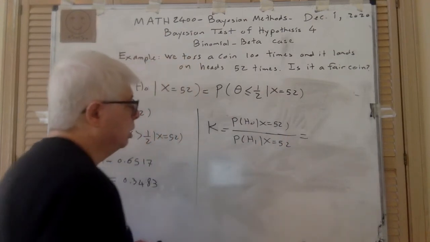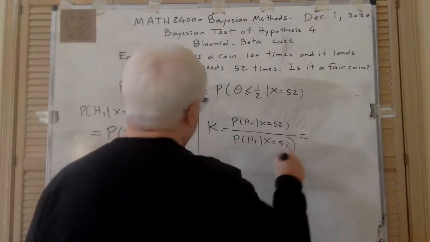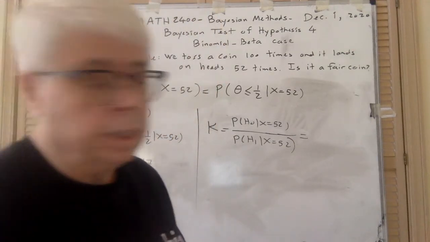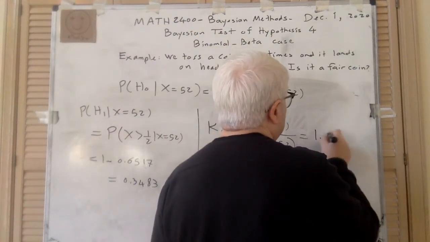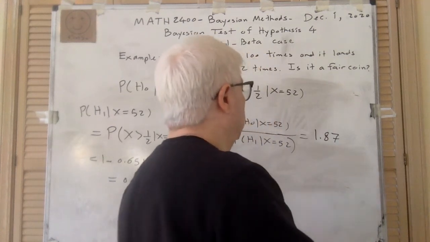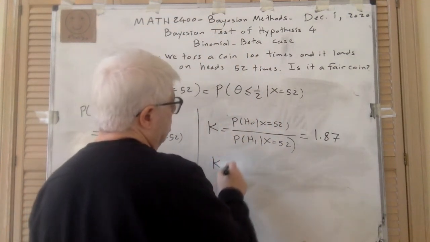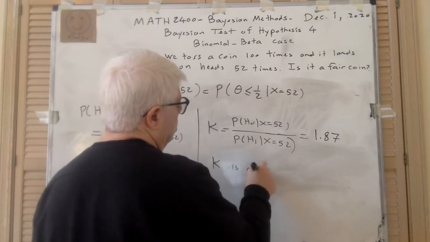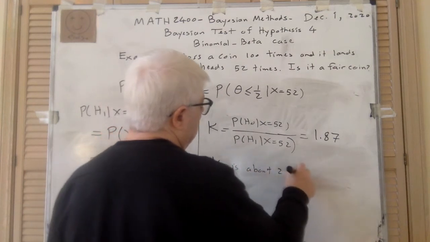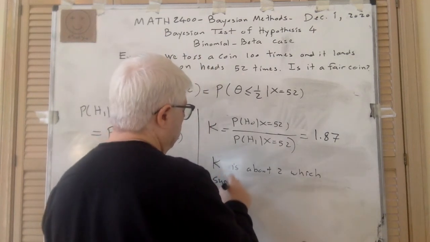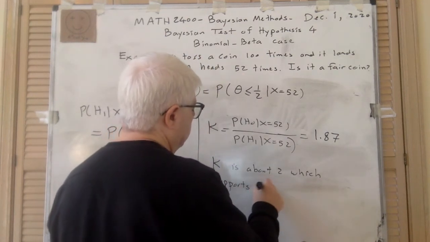And dividing them gives me something that I found as 1.80, which is quite good. K is about 2, which supports H0.